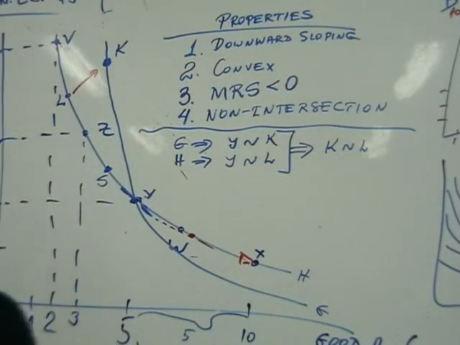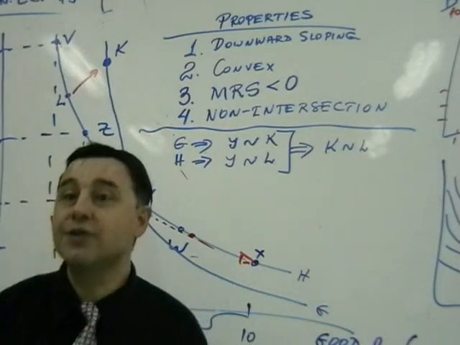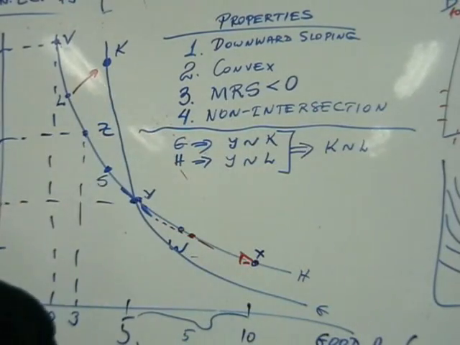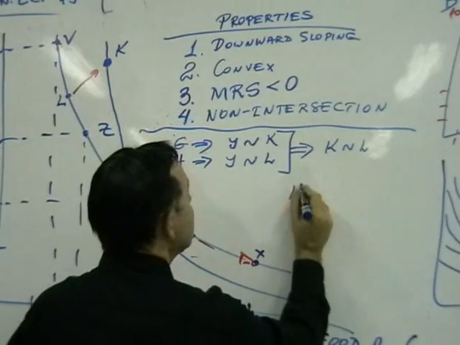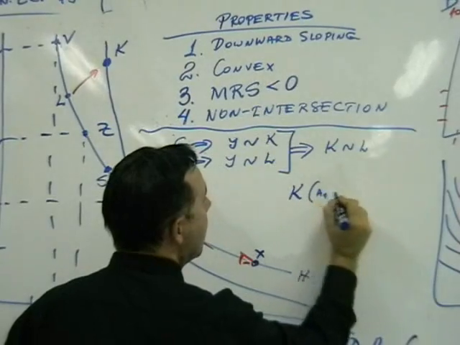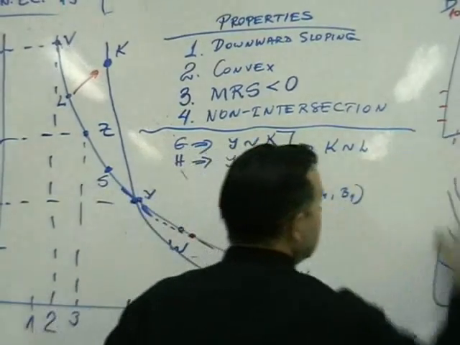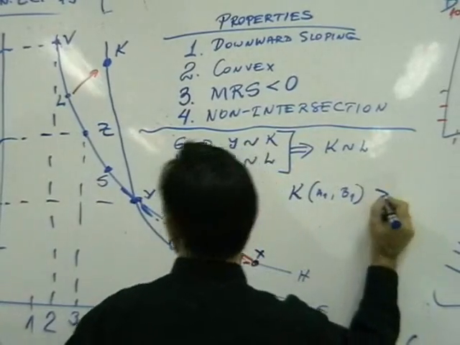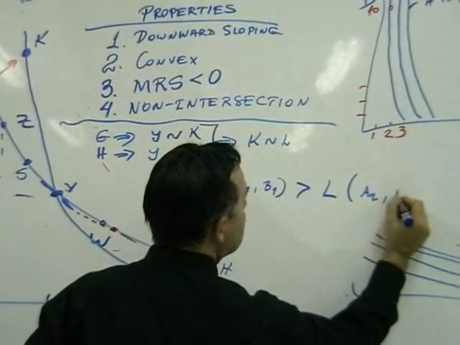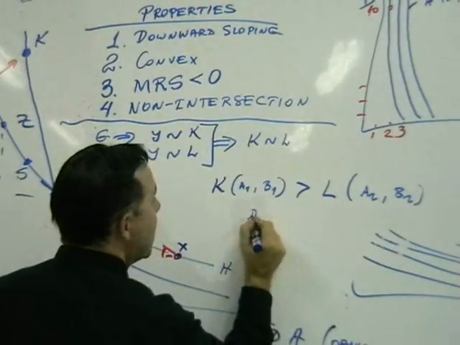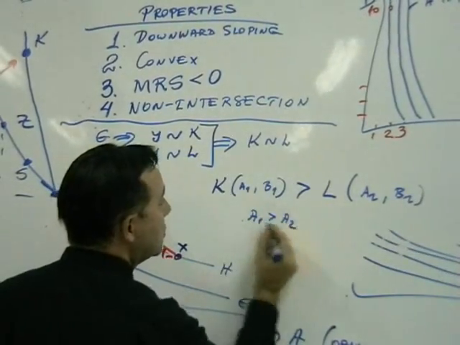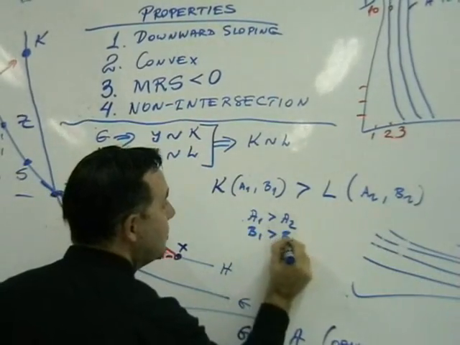So, by the assumption of economic good, which is more is better, it follows that K is better than L. Let's say A1, B1 is now better than L, A2, B2, because A1 is more than A2, and B1 is more than B2.